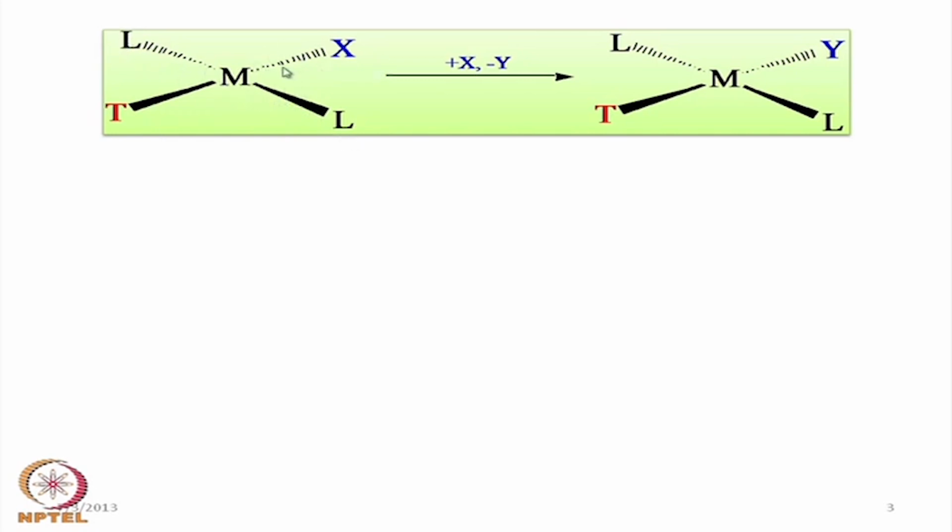That means the vacancy is there such that Y will come and attack the metal center, forming a new M-Y bond. So, in that case also, in the second step, the T is playing a good role to attach the Y to M.